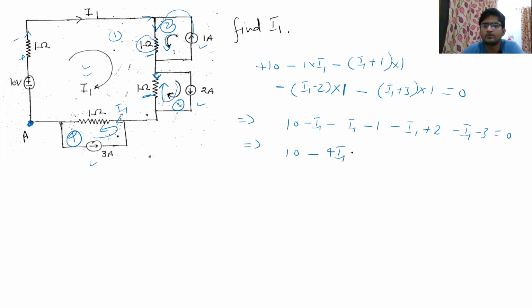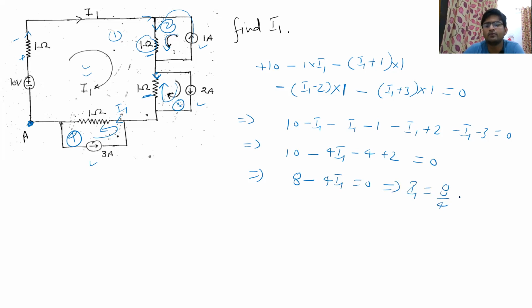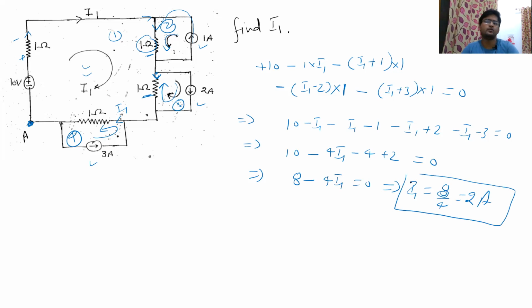Minus 3 and minus 1, which will be equal to minus 4, and how many positive? Plus 2 is equal to 0. So upon solving it, we get 10 plus 2, 12, minus 4, 8. 8 minus 4I1 is equal to 0. It means I1 is equal to 8 by 4 is equal to 2 ampere. So in this way, we got the value of I1.